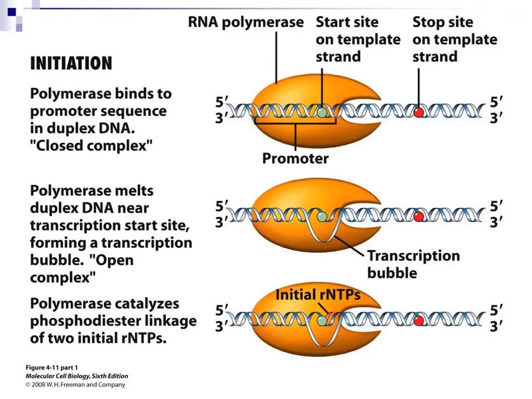Part of the transcription factors will allow a transcription bubble to now occur. Remember, the function of one of the transcription factors acts as a helicase. And then RNA polymerase can then start creating a new strand of RNA. That's its job, is to create the RNA strand.